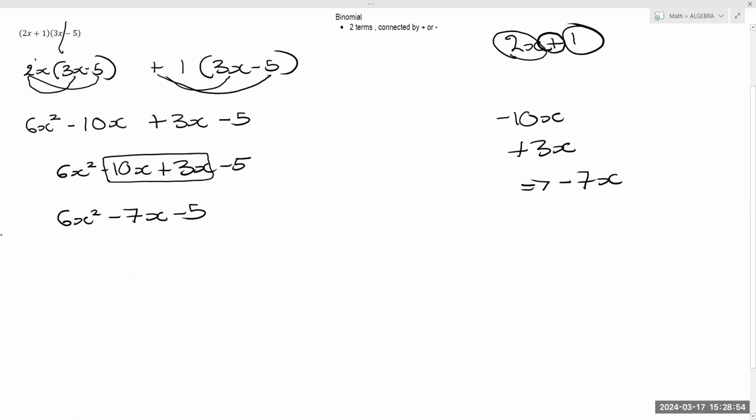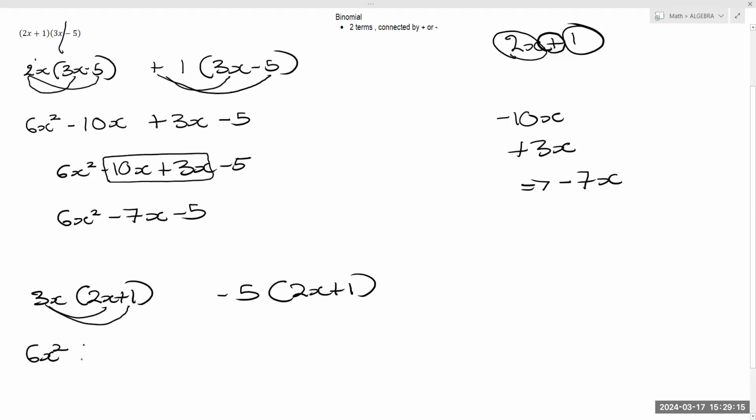Okay, you would have 3x, and you have -5, put bracket 2x plus 1, 2x plus 1 here. Okay, let's open the bracket. 3x times 2x, that will be 6x squared. 3x times plus 1, that will be plus 3x.